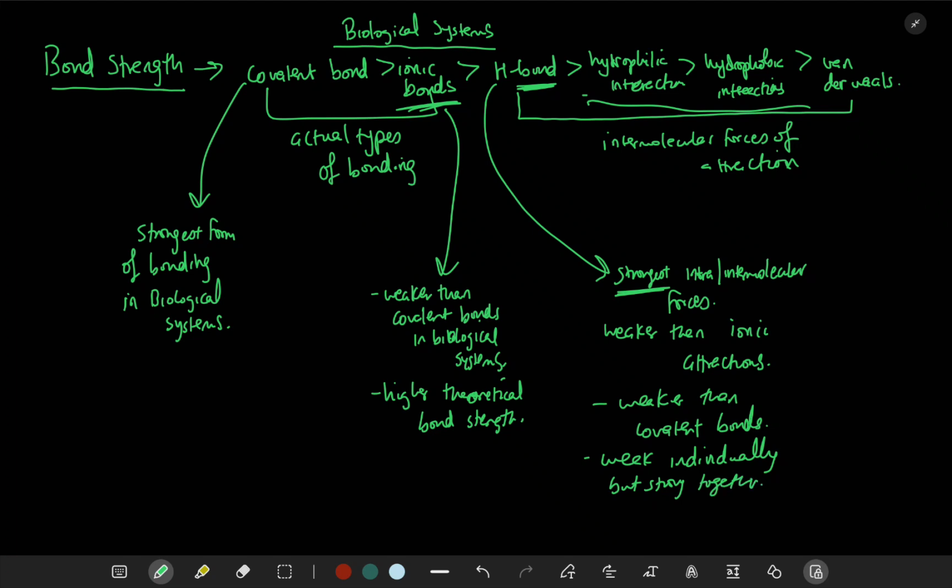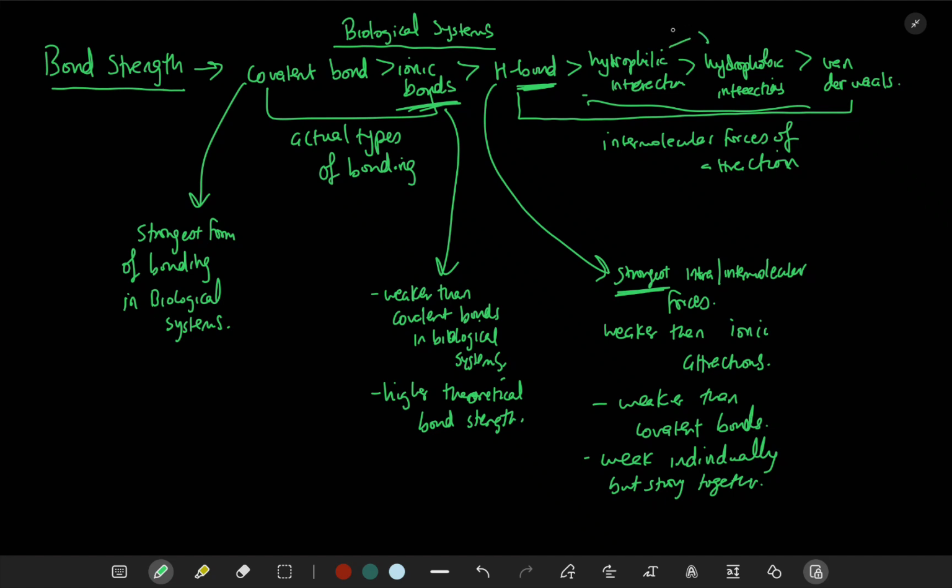In water, a lot of the chemical or physical properties come from its ability to hydrogen bond, and we'll get to that in the next lecture where we talk about water and its properties. Okay, so now let's talk about hydrophobic, hydrophilic interactions.